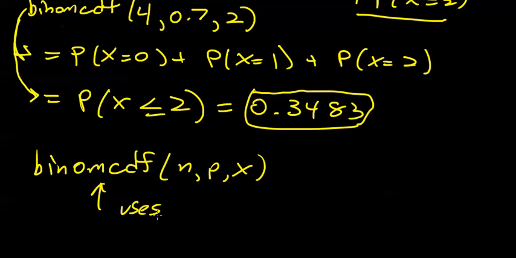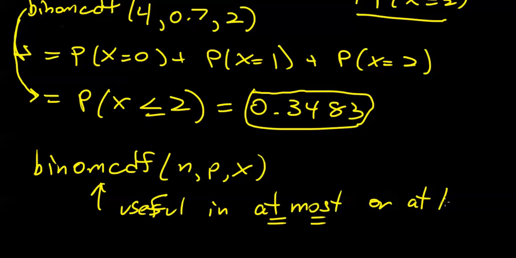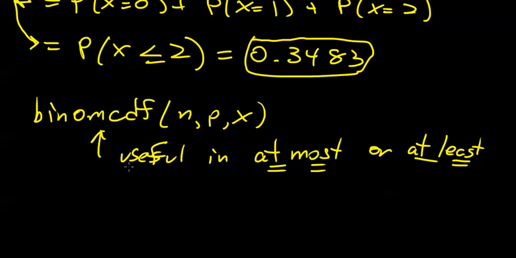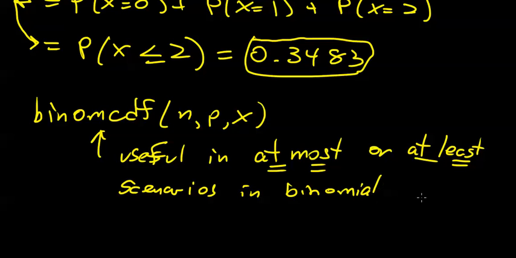This is useful in, at most, or at least, scenarios in a binomial procedure. Again, if you don't have a binomial procedure, you can't use these above formulas, all right?